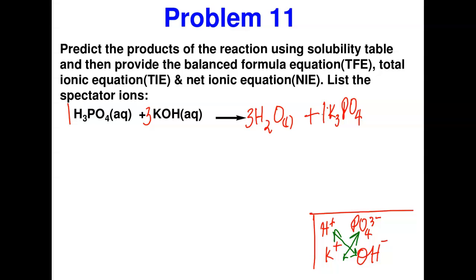You can always add 1 to the other ones that do not have any coefficient in their balance. Now, let's write the total ionic equation. We'll start breaking everything down. We've done that already in the scratch box, but we'll just write it out.